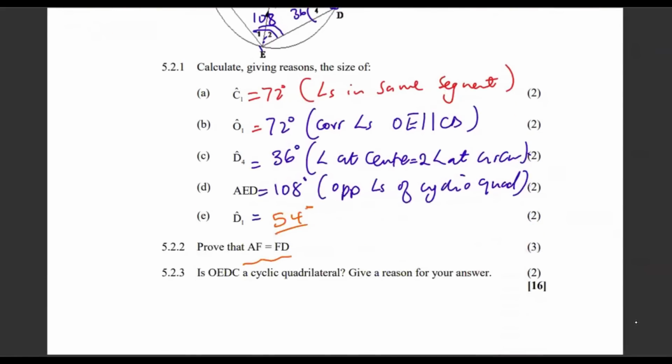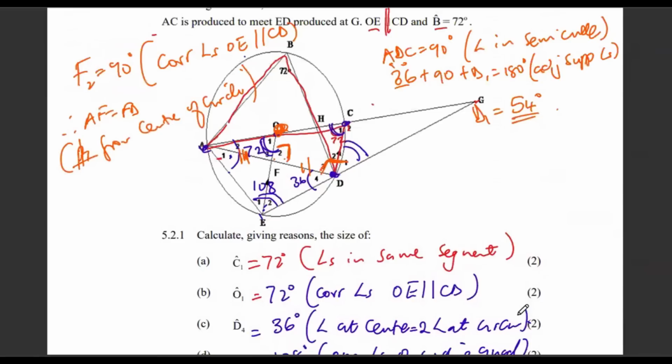Okay. Then lastly, can we prove that OEDC? Let me just clear this out. Prove that OEDC is a cyclic quadrilateral. We say this is a 36. We found this to be a 54.